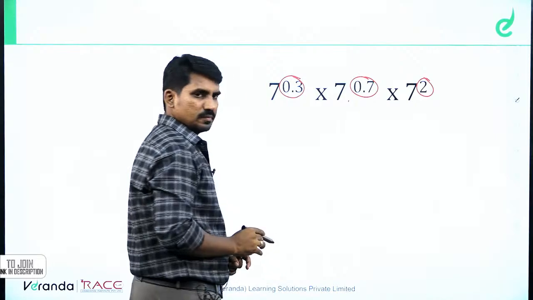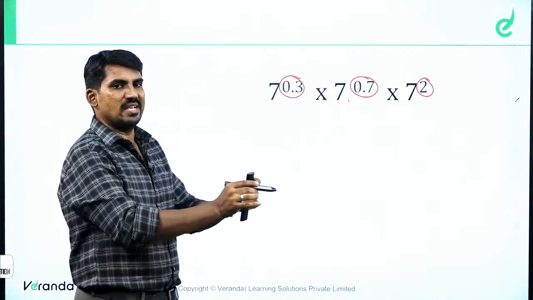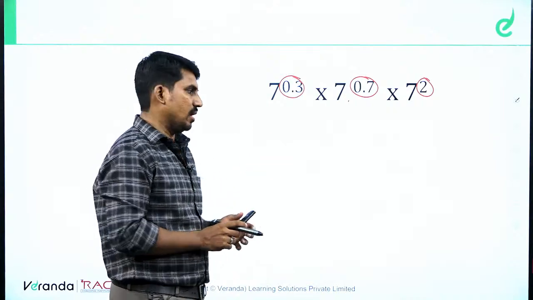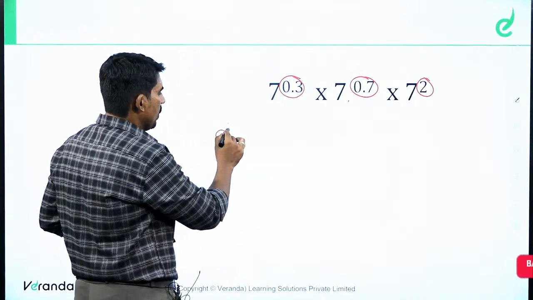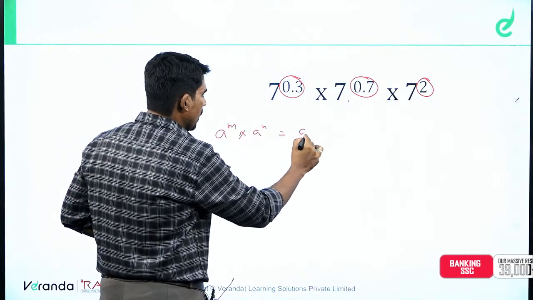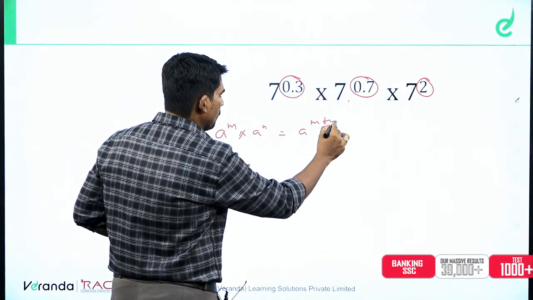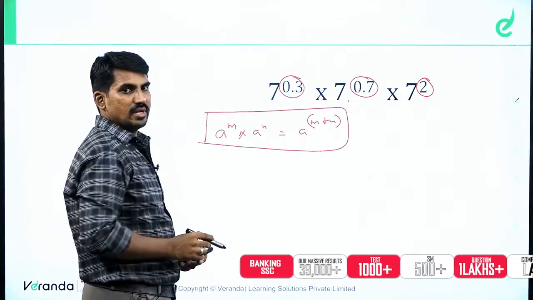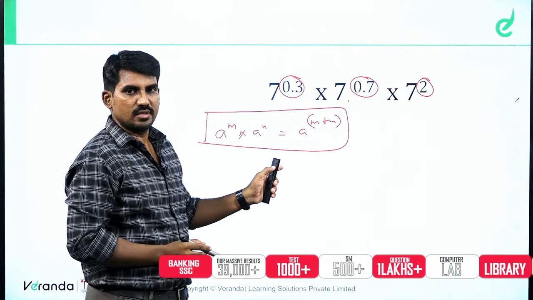But the base is same. Therefore, shall we apply that technique, a power m into a power n, which is nothing but a to the power m plus n? First we have studied this only. Shall we apply this? Yes.